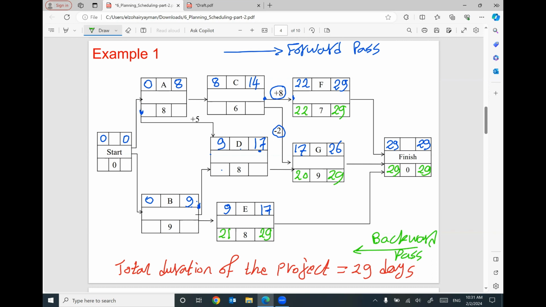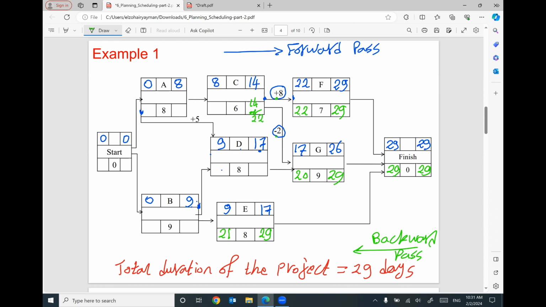Be careful. When you are going back, I have to change these signs. So 22 minus 8 will give you 14. Or 20 plus 2 will give you here 22.